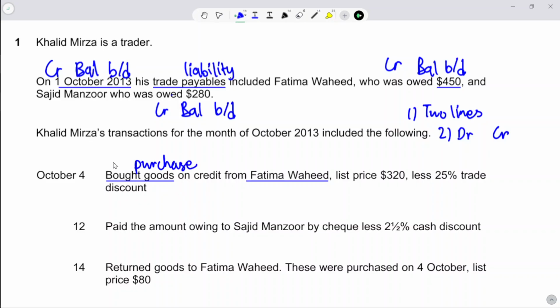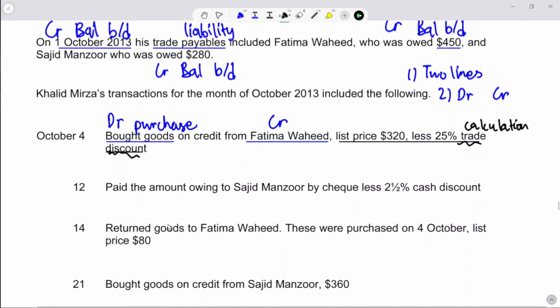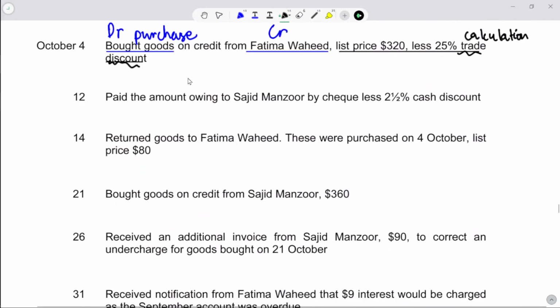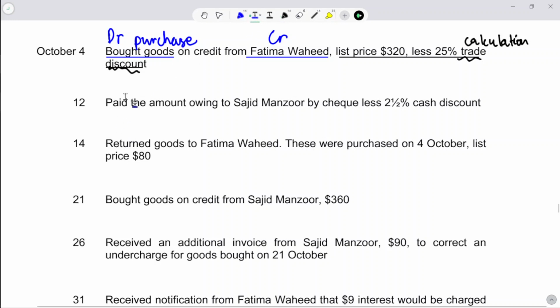So purchase, so we debit, and another one will be credit. This one we do later. This one in calculation for trade discount. We do in calculation. So two lines.